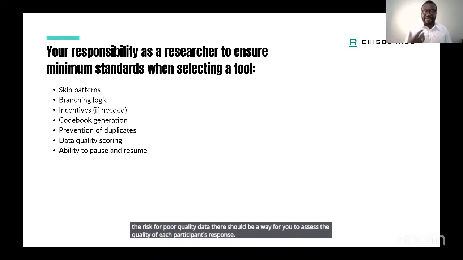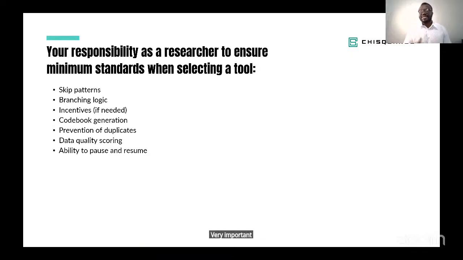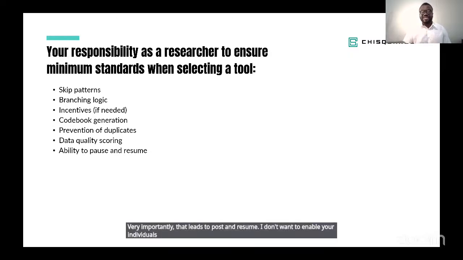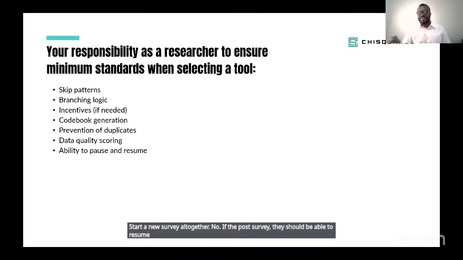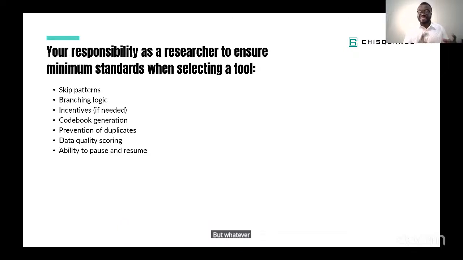And very importantly, the ability to pause and resume. I don't want the individual to pause the survey and then when they come back, start a new survey altogether. No, if they pause the survey, they should be able to resume from the point where they paused it seamlessly, right? These are minimum standards. So we're not saying which survey platform you should launch. It doesn't even matter which particular platform you use, but whatever tool you're using should meet these minimum standards.